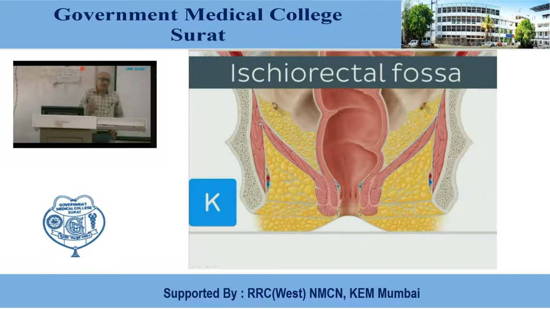So it's a wedge shaped space on each side of the rectum and anal canal, and largely it is occupied by fat. This fat acts as a cushion during distension of the rectum in defecation. So that gives a mechanical support to this part.